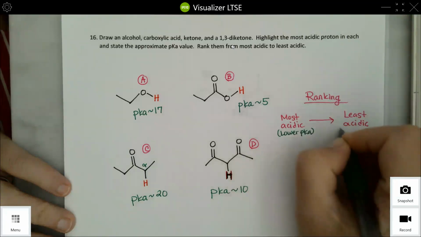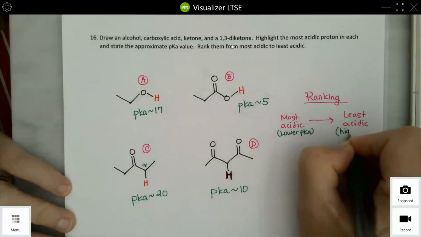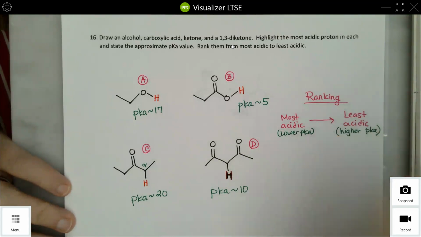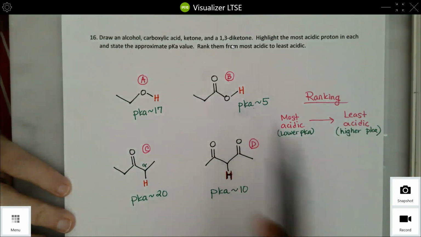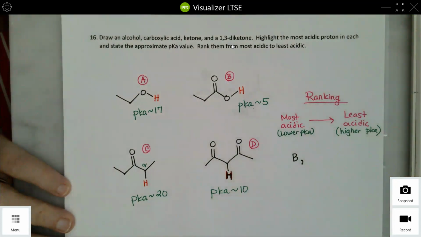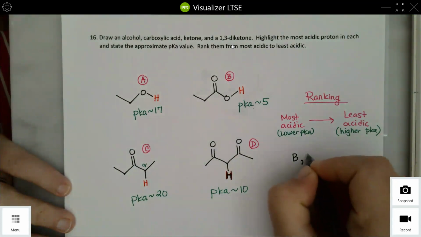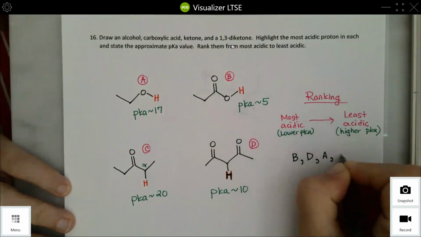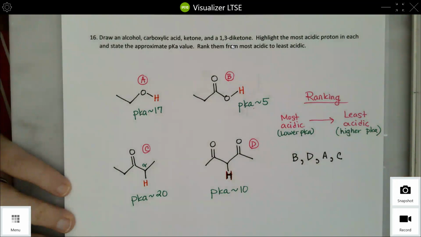We want to go from lowest pKa to highest pKa here for the ranking. So then, okay, what's the lowest? The carboxylic acid. So we would do B. Next would be D, then A, and then C. Okay.